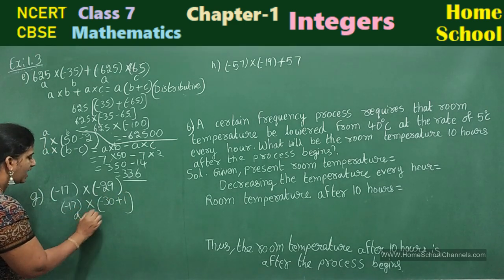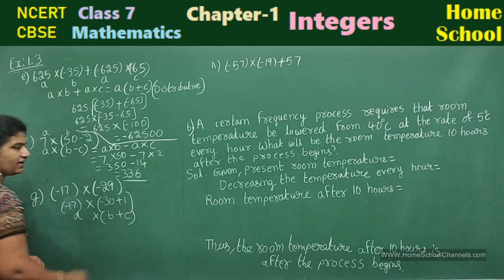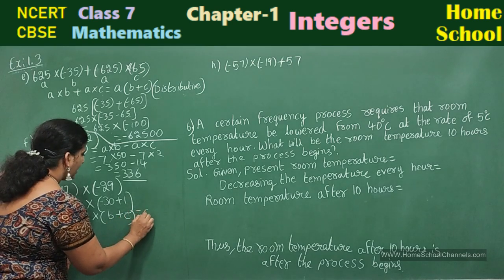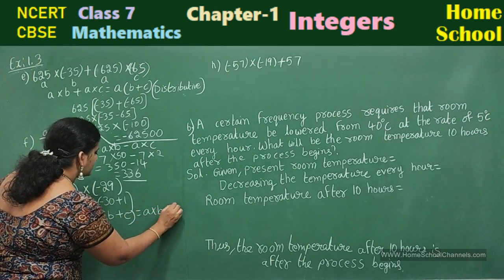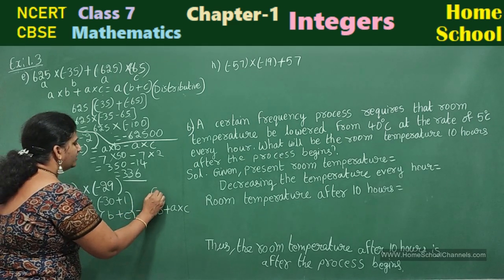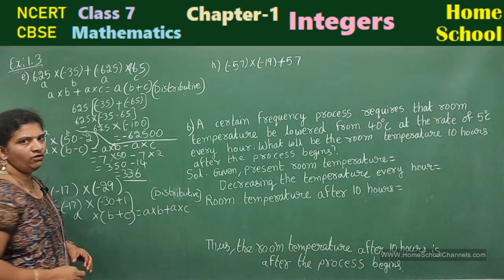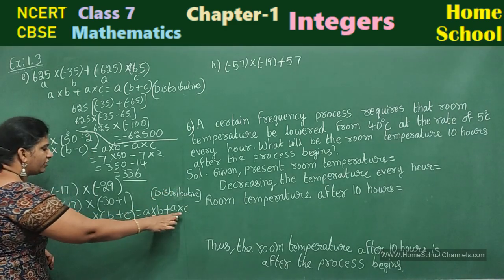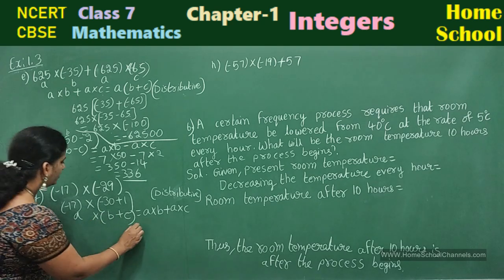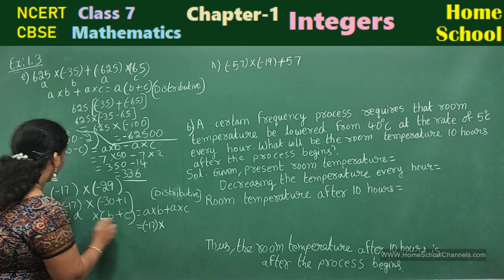Now you can say A into B plus C, that is A into B plus A into C. Which property is it? Right here, it is in the form of the distributive property. Now substitute in this A, B, C value. A value is minus 17 into B value.